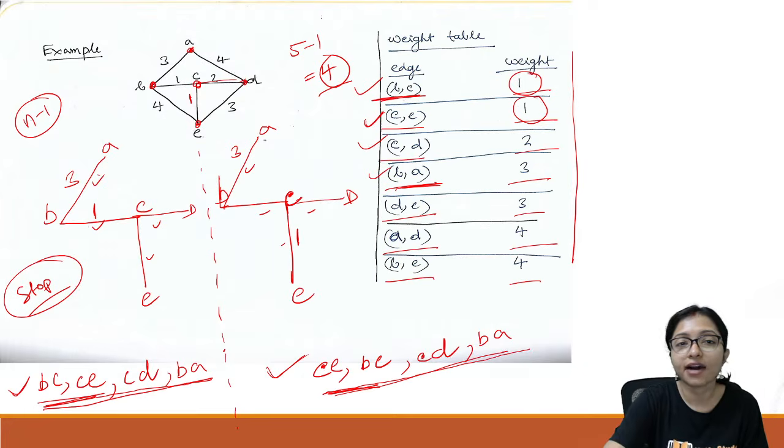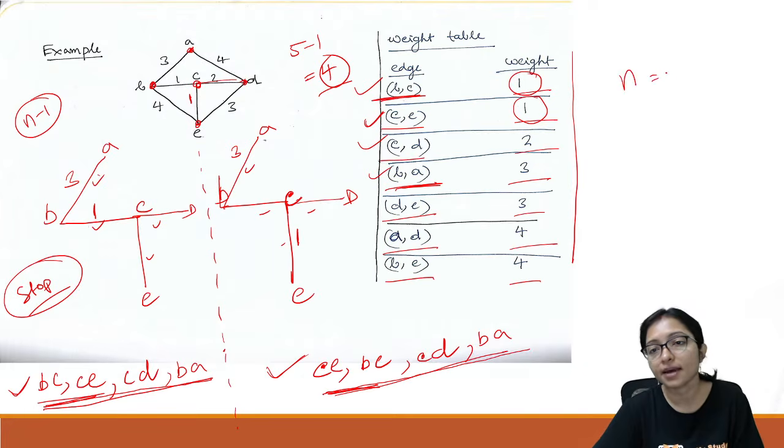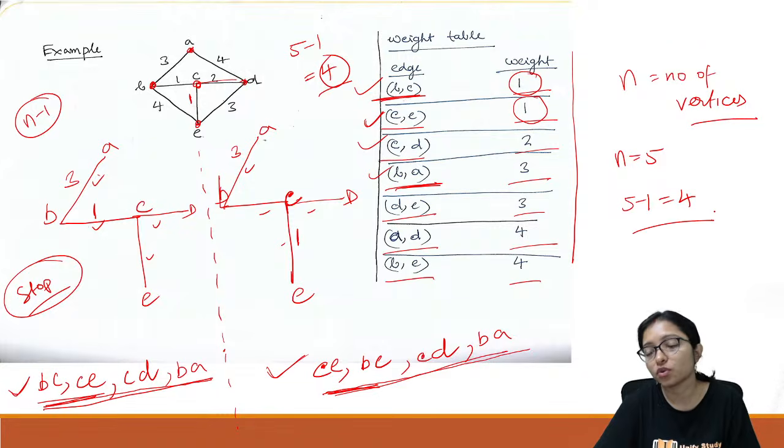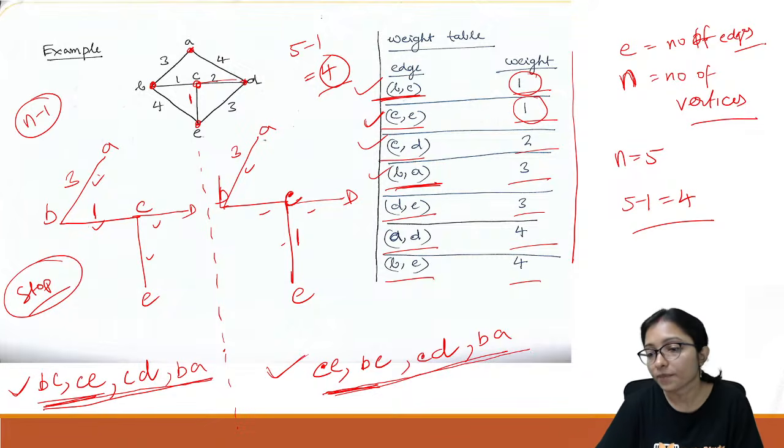N is the number of vertices, not the edges. N equals 5. That's why 5 minus 1 is 4. N is not the number of edges. N is always the number of vertices. E equals the number of edges. Got it? Clear?